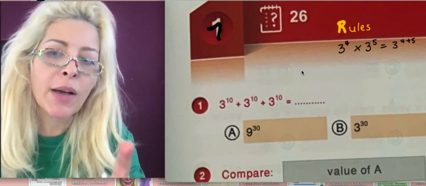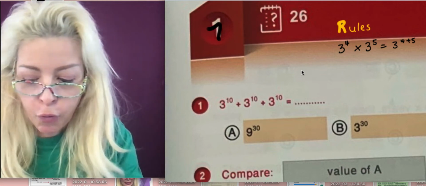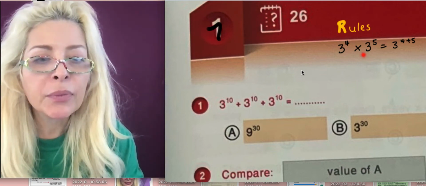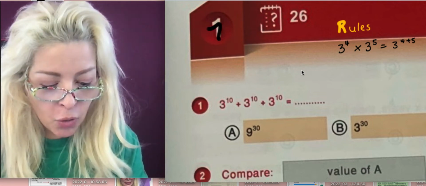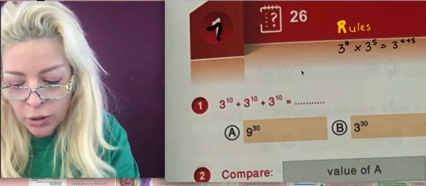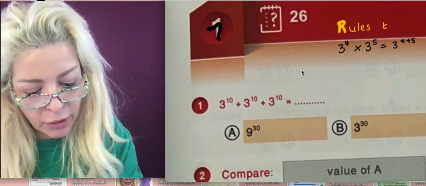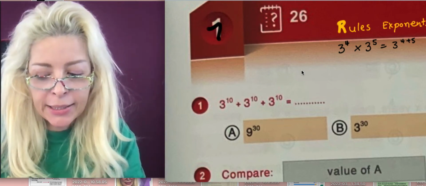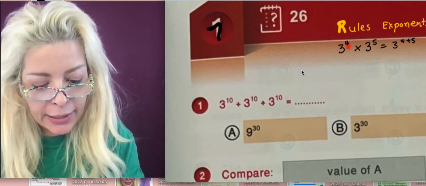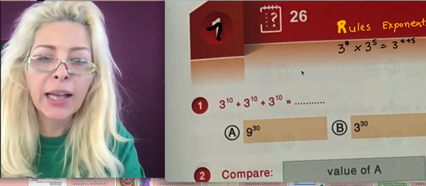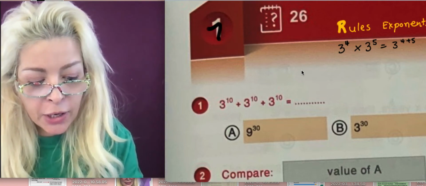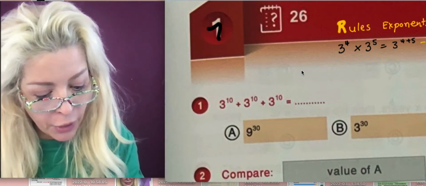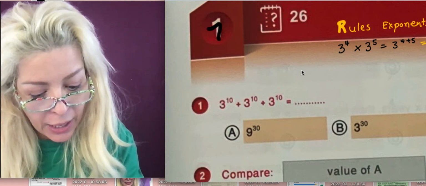So, sorry, you have to add the powers, okay? So 4 is the power and 5 is the power in this case. 4 and 5. So the rules of exponents says that you have to add. Okay, so this will give us, you guessed it, 3 to the power of 9. That will be the answer.